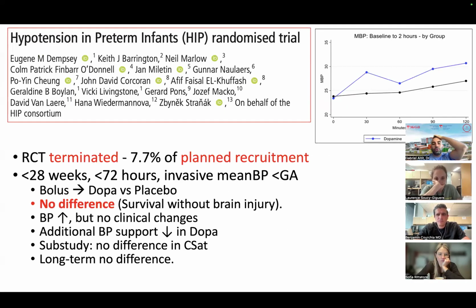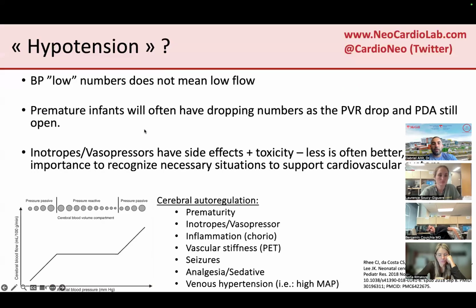Unfortunately, they were never able to get to the planned recruitment rate. There was no difference in survival without brain injury, but they only recruited 8% in this study. So this is a study you need to know, you need to read about it, and you need to understand its components. Actually, Dr. Dempsey is our Robert Usher lecturer this year at the Montreal Children's and McGill.